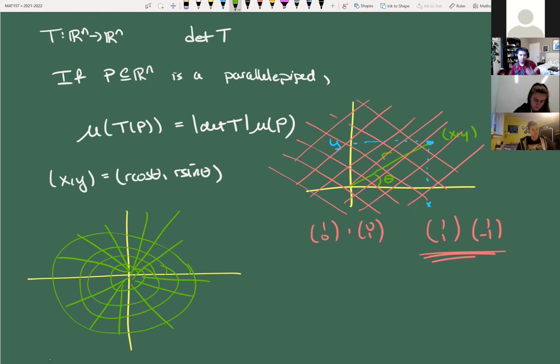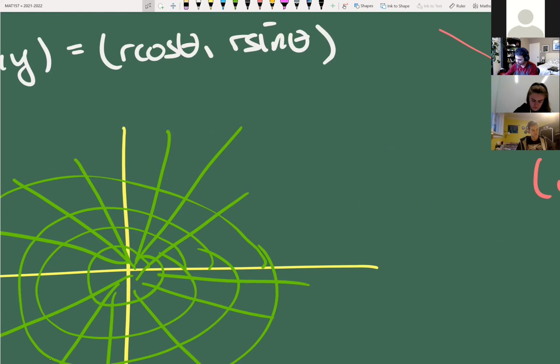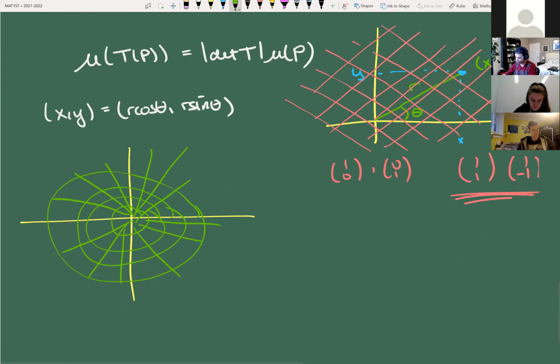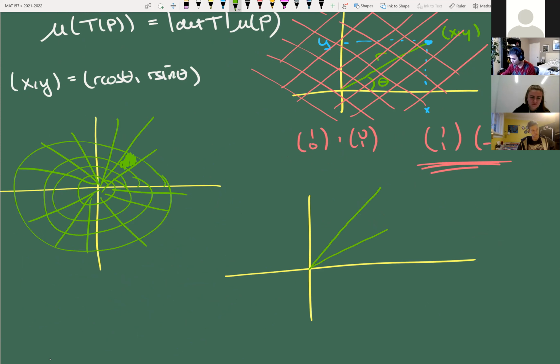Because now what I want to do is figure out how areas are changing. So let's zoom in on this. Here, maybe let me redraw this. If I choose something like this thing here, that's the area of that little shell.